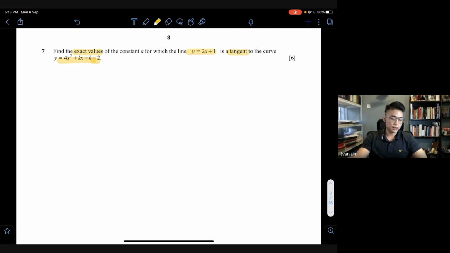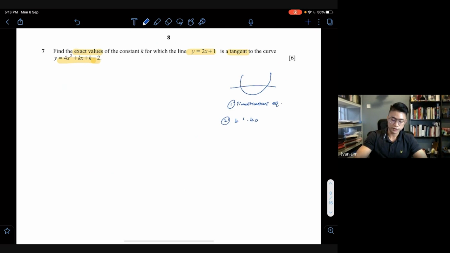This is the part in your textbook about the intersection between a line and a curve. With an unknown, your first part is to do simultaneous equations. Your second part would be doing your b squared minus 4ac.